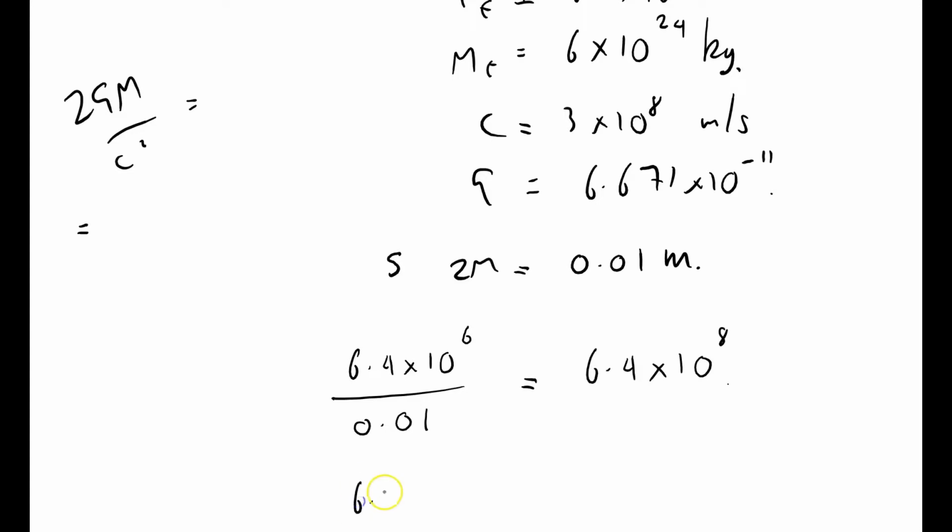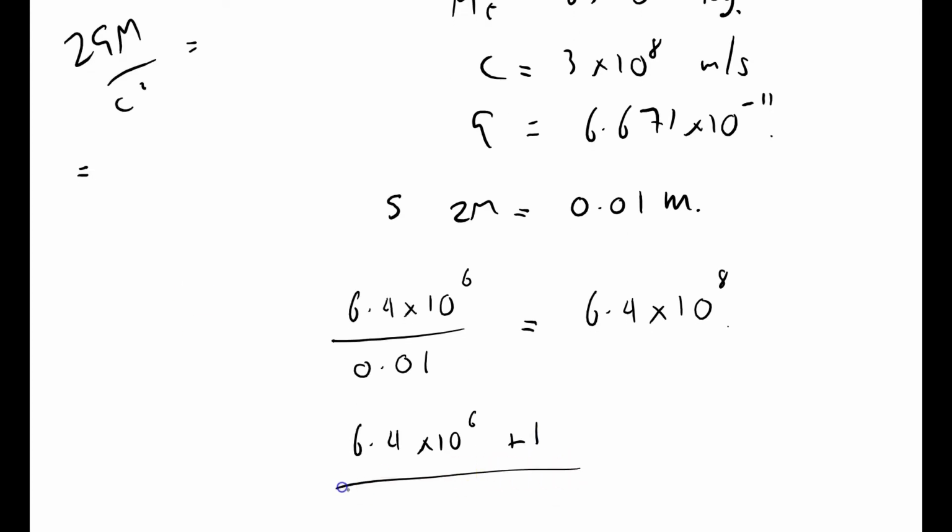And then if we have 6.4 times 10 to the 6 plus 1, because we're climbing up an extra meter, divided by 0.01, well, that's going to be 6.4 times 10 to the 8 plus 100. So when you climb a meter at the Earth's surface, that's climbing 100 Schwarzschild radii.